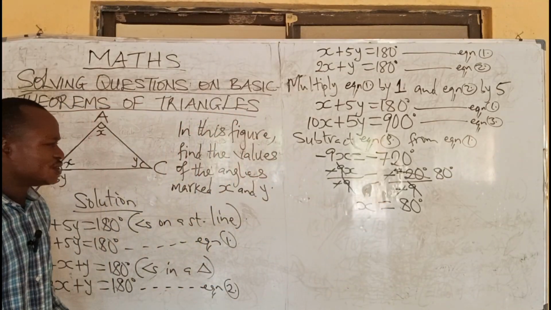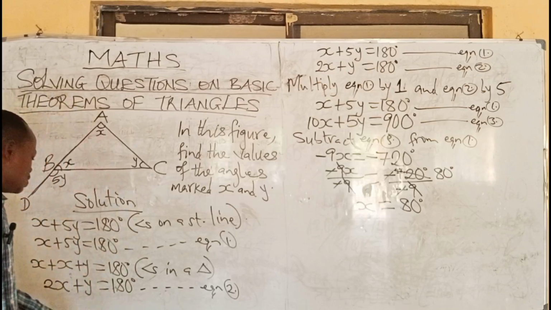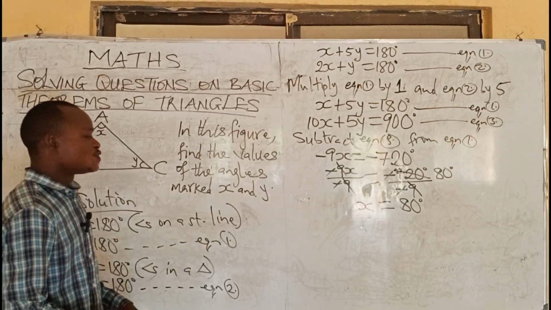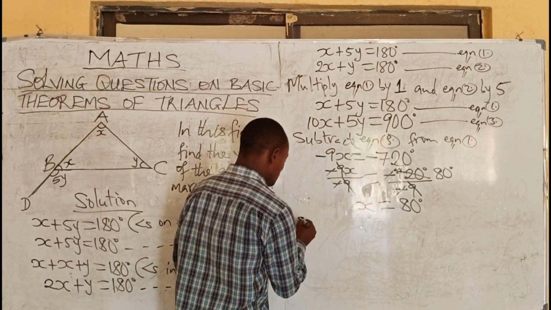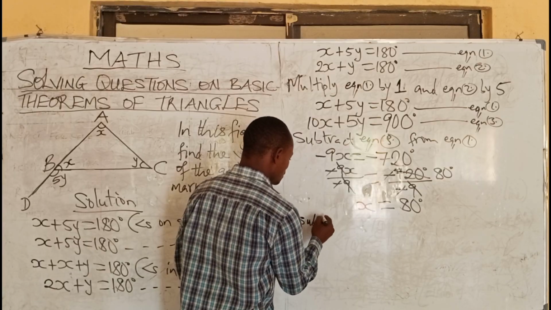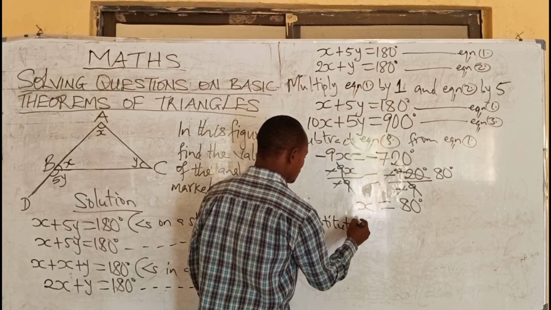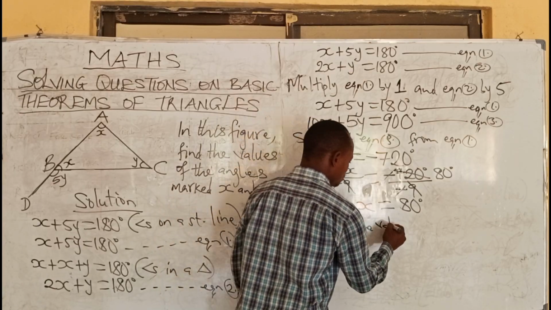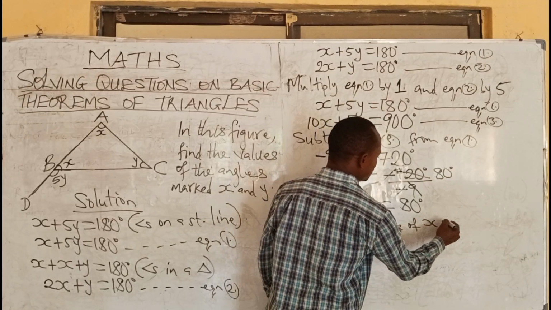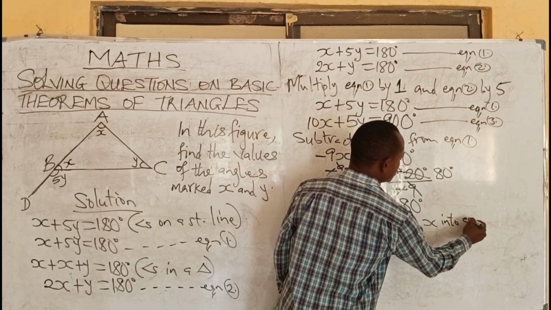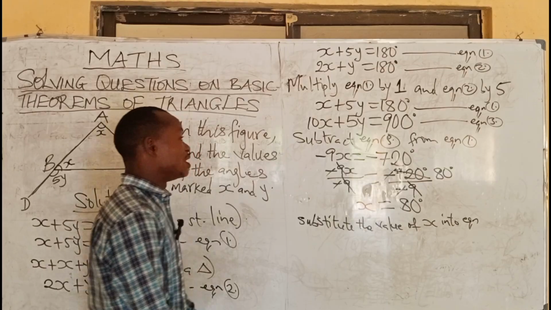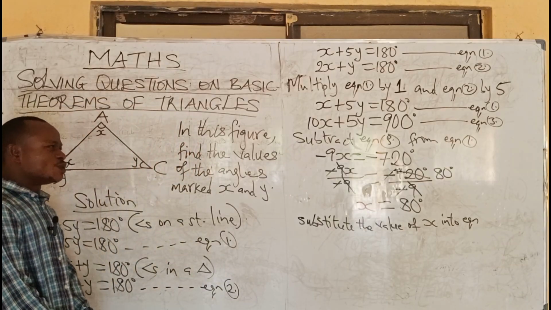So we've gotten the value of the angle marked as x to be 80 degrees. We are still solving the simultaneous equation. We've only gotten x. We still have y to look for. So we substitute the value of x into an equation. You can use equation 1, equation 2, or equation 3.